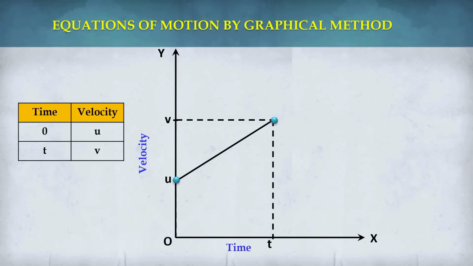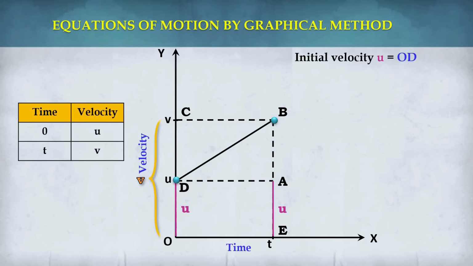From the graph, the initial velocity is represented by the line segment from point O to point D. The final velocity is represented by the line segment from point O to point C. The time interval is represented by the line segment from point O to point E. Now consider the vertical distance between points C and D. This distance represents the change in velocity.